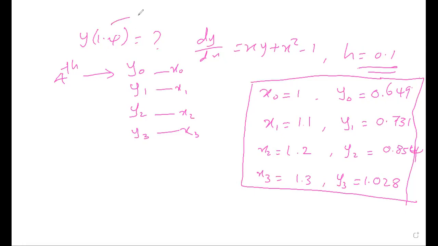From this, they are asking you to find y4, that is y n plus 1, so it should be y4. So this is the question. To get y4, since it is fourth order, you need the y0, y1, y2, y3 values as multi-steps.